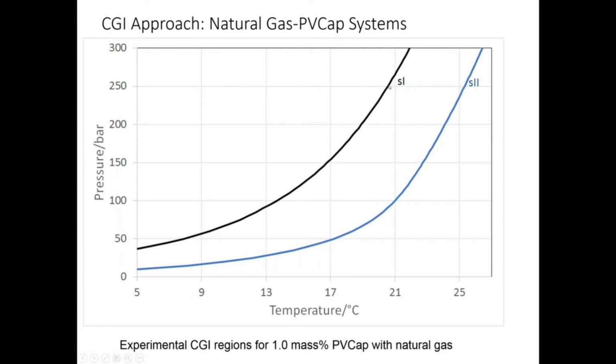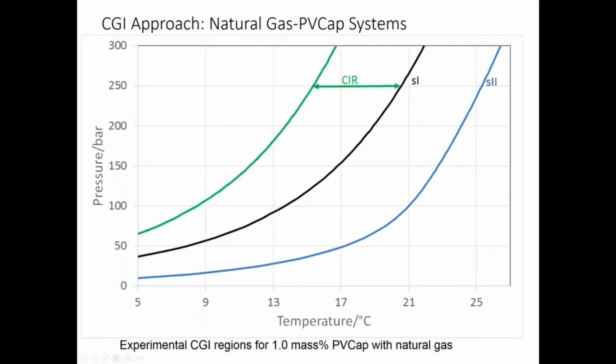So the strength of the chemical is from structure 1 onward. For PVCap, we have 5.2 degrees inside structure 1. So total inhibition becomes 5.2 here and around 5-6 degrees, so 11 degrees.